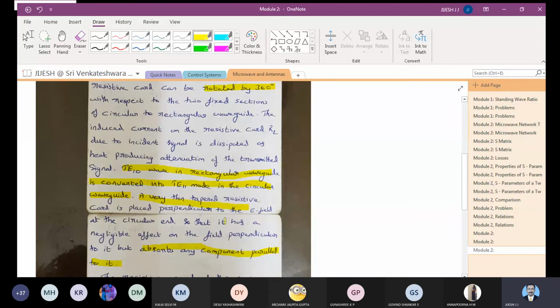The card is placed perpendicular to the electric field at the circular end, so that it has a negligible effect on the fields perpendicular. Whichever field is perpendicular has only a negligible effect, so it's not going to be counted, but when it is parallel, it gets absorbed completely. That's the reason you are getting E sine square theta at the output.